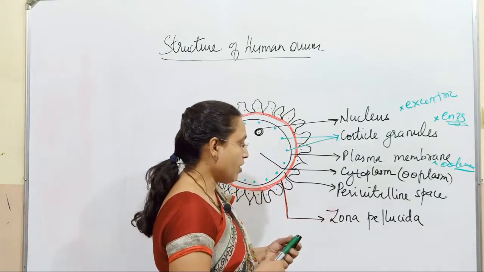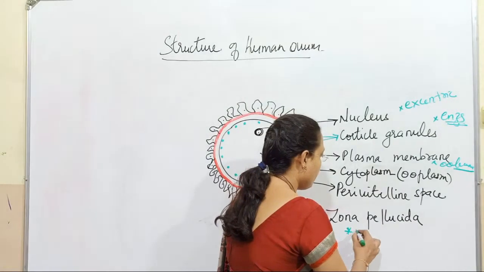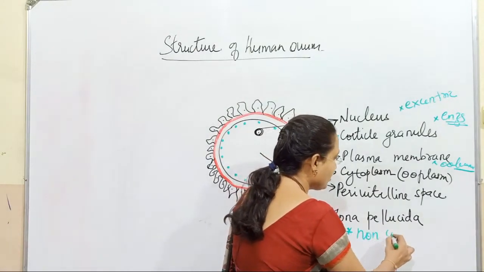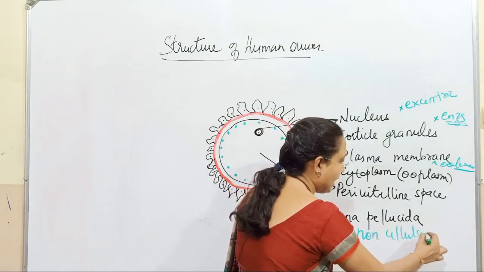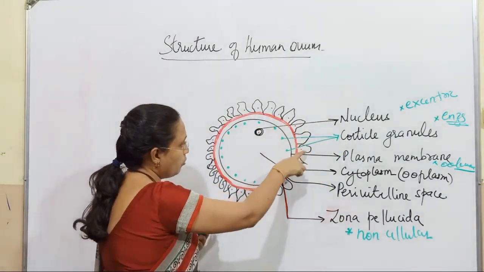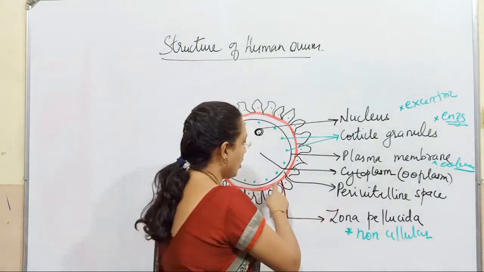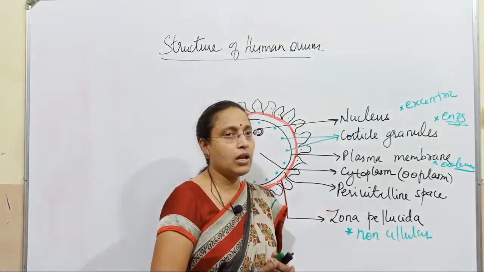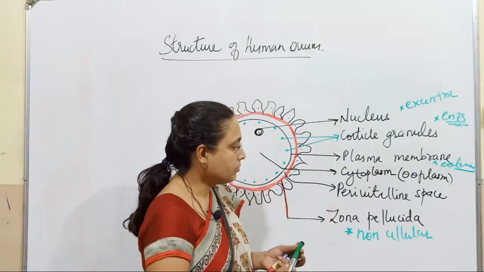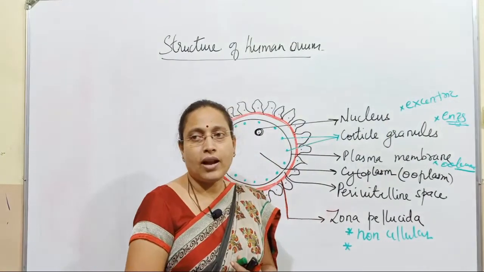Now what is the function of this membrane? It is a non-cellular membrane. That means it is not composed of any cells. But the outermost layer is a cellular layer, whereas this zona pellucida is a non-cellular membrane. It is transparent.